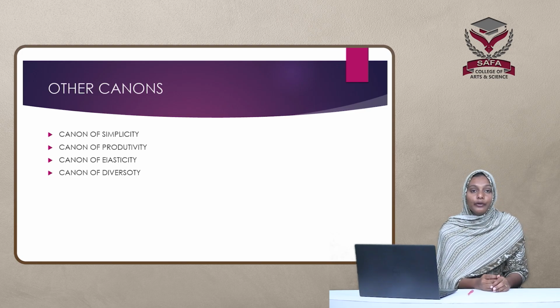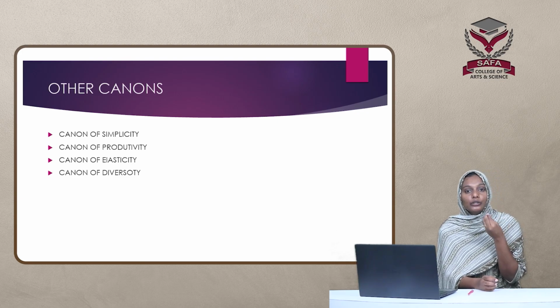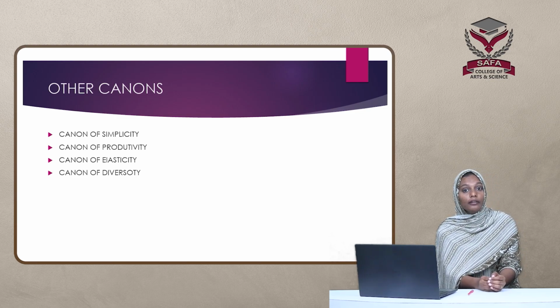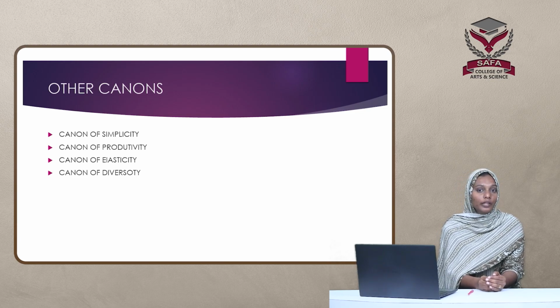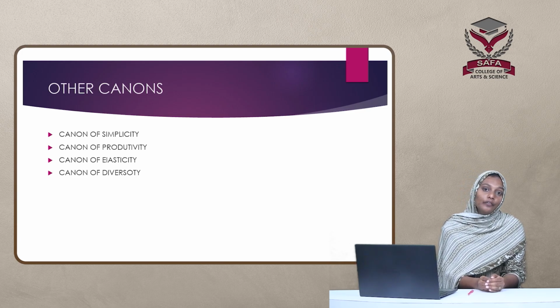The next one, canon of productivity, states that the revenue collected through taxation should be used for some productive activity or production purposes. It will be used for the economic growth of the country. Otherwise, it will be a wastage. And the third one is canon of elasticity.